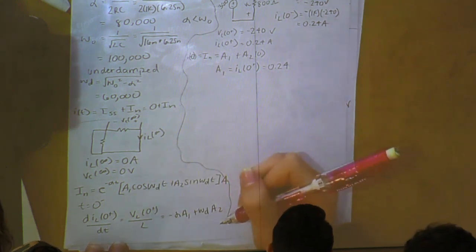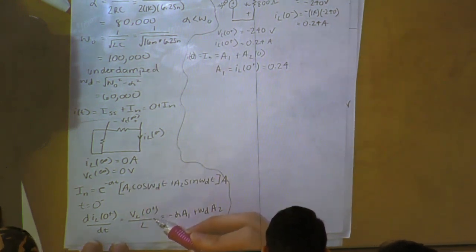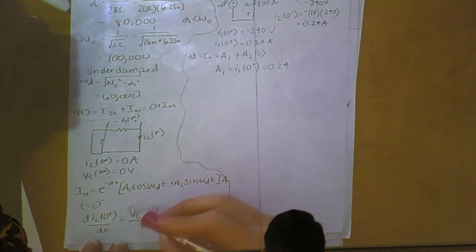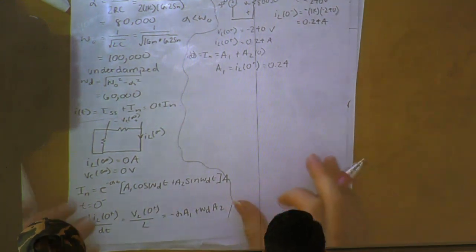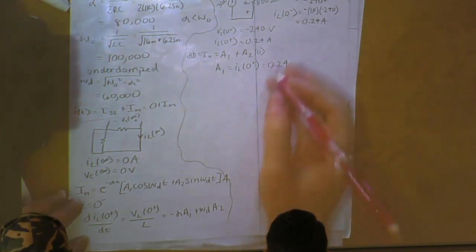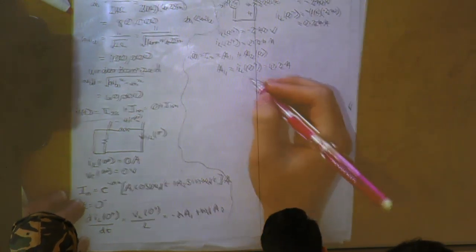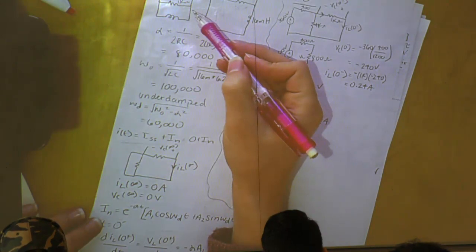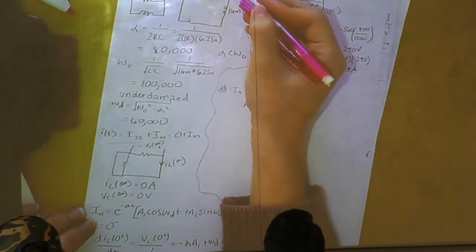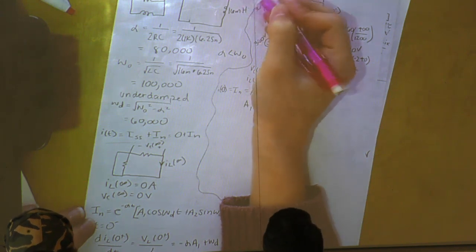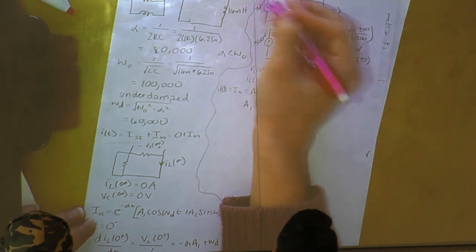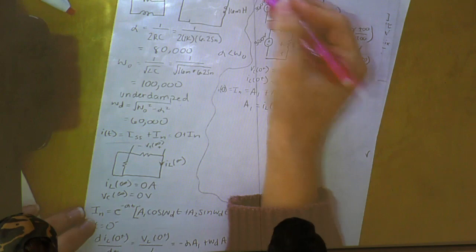All we'll need is the voltage over the inductor to complete this. So we'll have to draw our circuit at 0 plus. It'll end up looking exactly like this one, because our switch goes to B, so this is shorted out. We only have this 1K and this inductor and this capacitor.